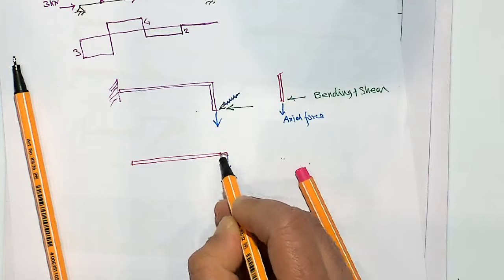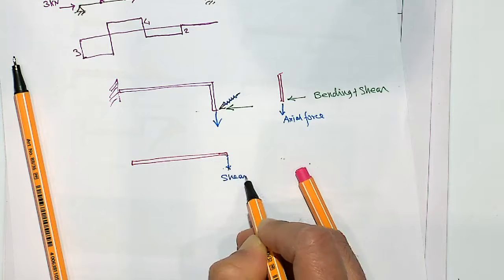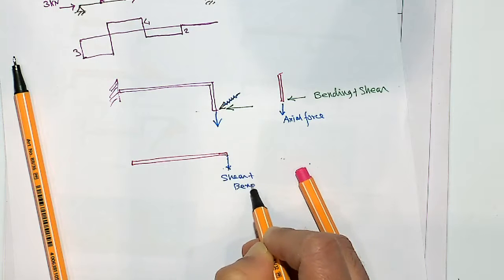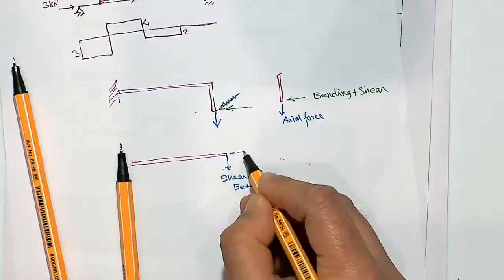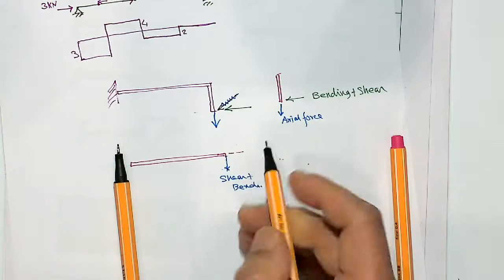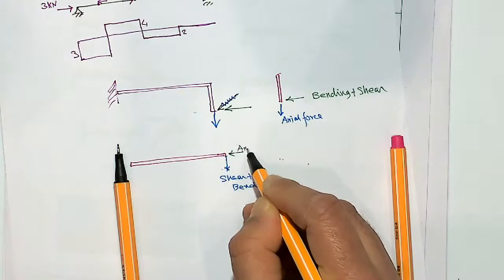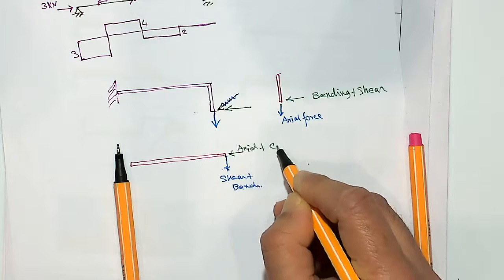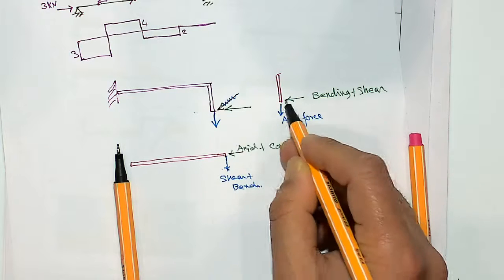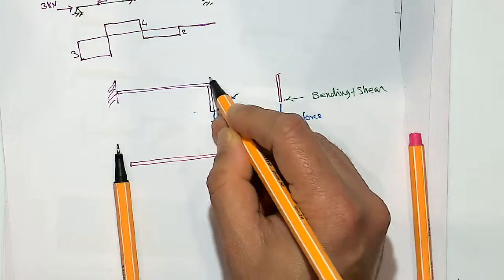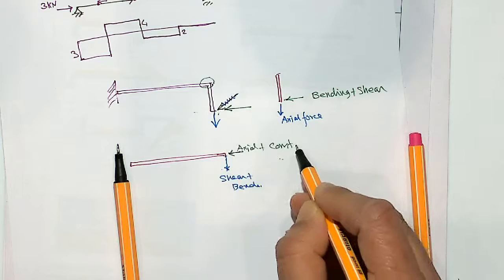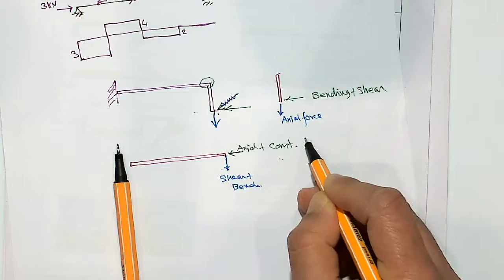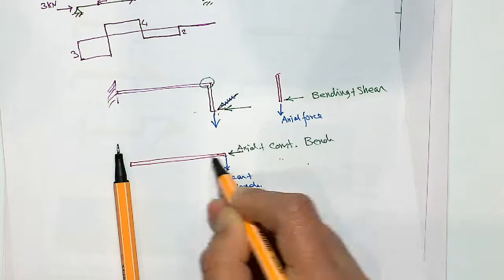So this will cause shear plus bending. What about the green one? Green one would cause axial plus a constant bending, because this one, if you transfer to there, that will have a bending at that point.